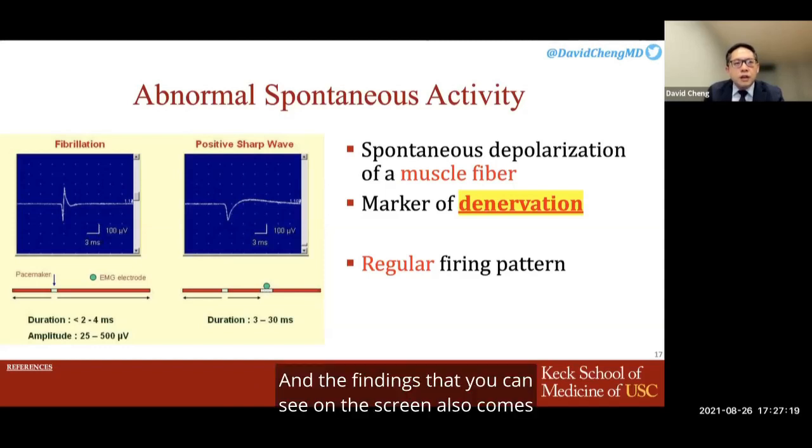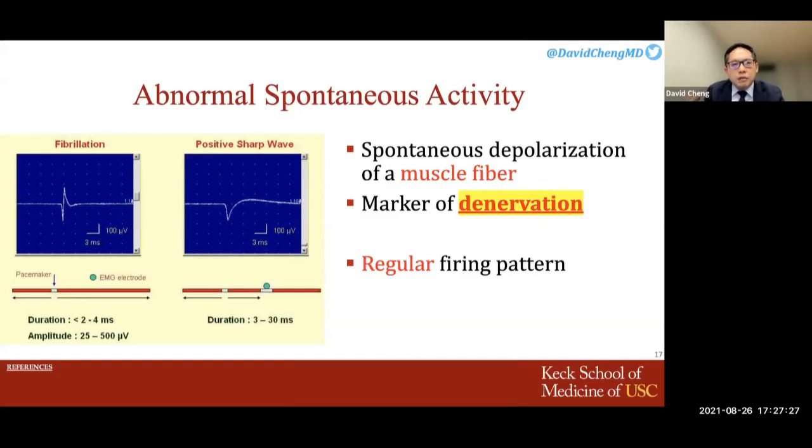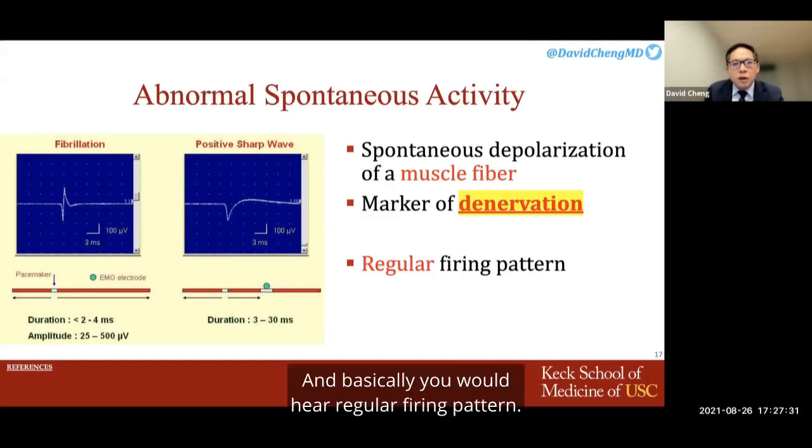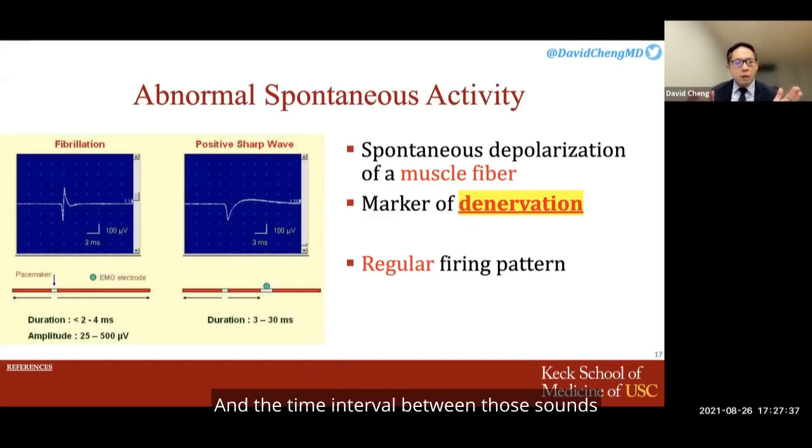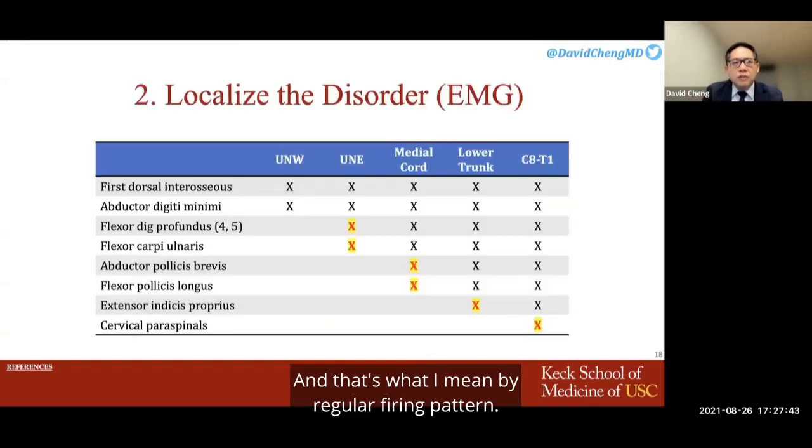The findings that you can see on the screen also come with a fairly recognizable audio recording. Basically, you would hear a regular firing pattern. In other words, it's a tick, tick, tick type of sound, and the time interval between those sounds is exactly the same. That's what I mean by regular firing pattern.